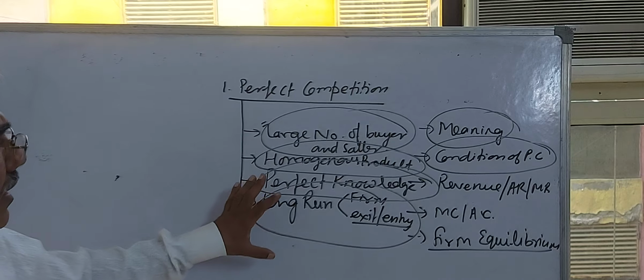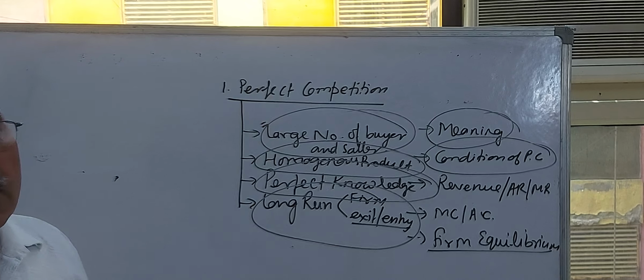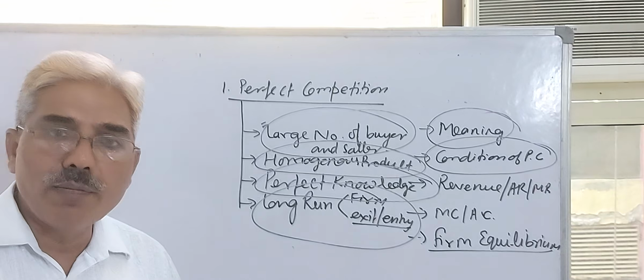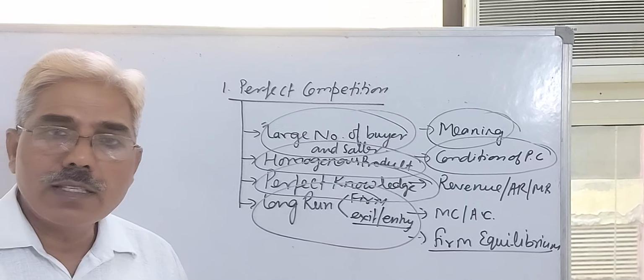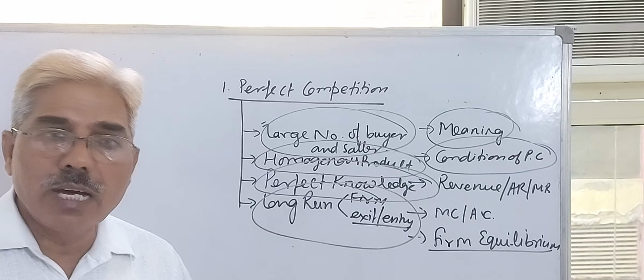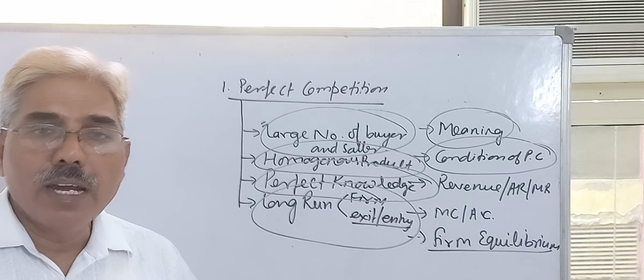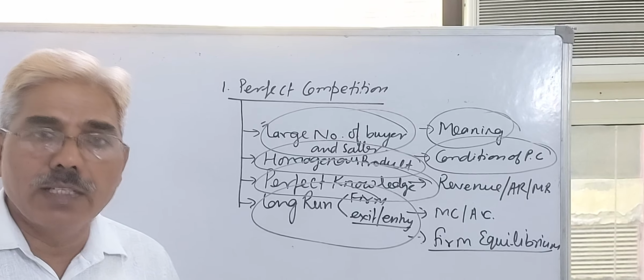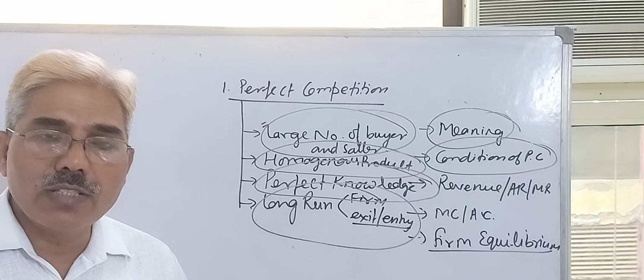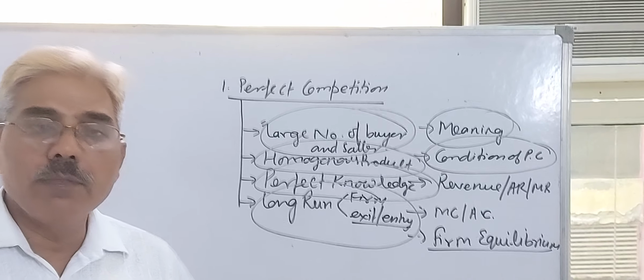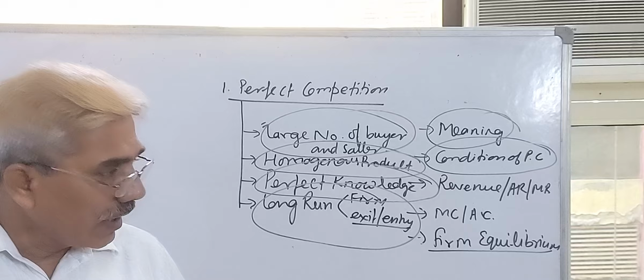If these conditions are fulfilled, that market is known as a perfectly competitive market. Under this, how the average revenue, marginal cost, and average cost are determined, and how the firm equilibrium will be, I will discuss in my coming lectures, along with the long run, short run, exit of the firm, and shutdown point of the firm.